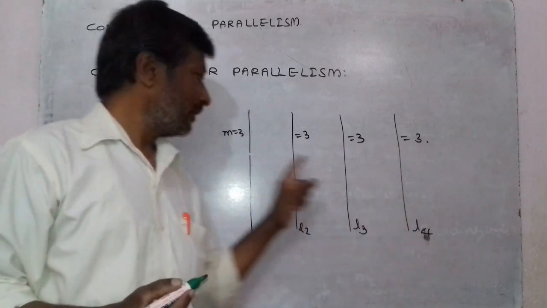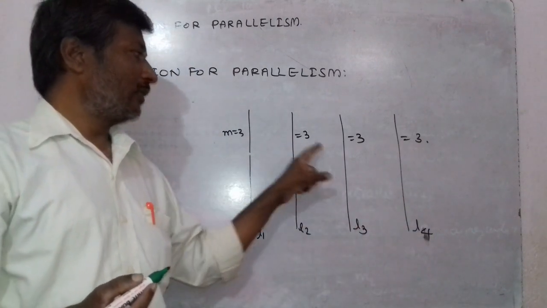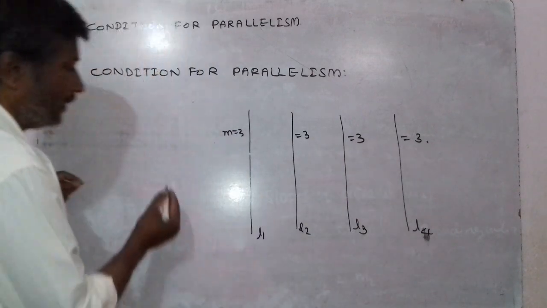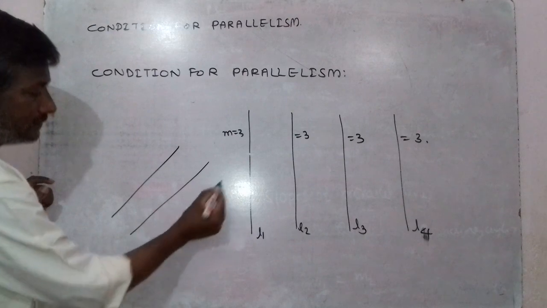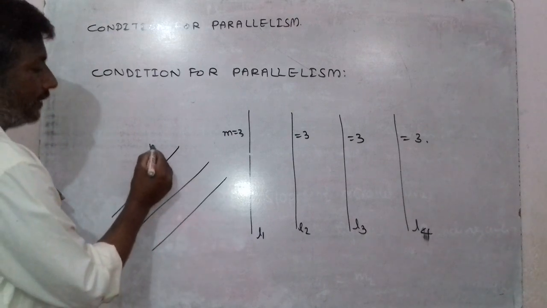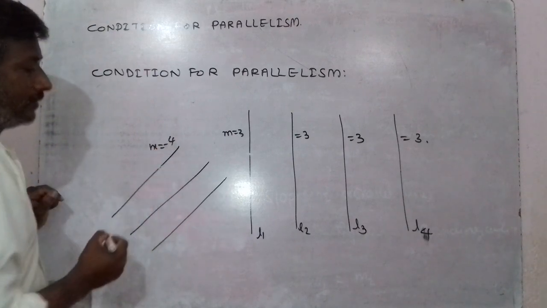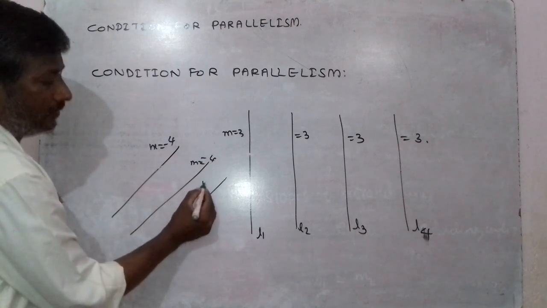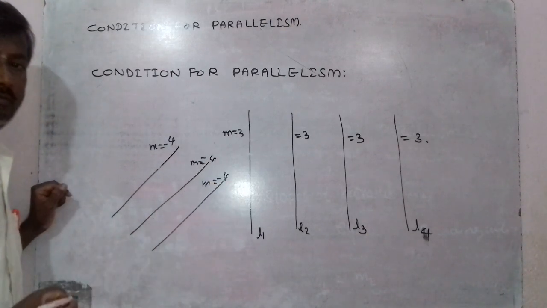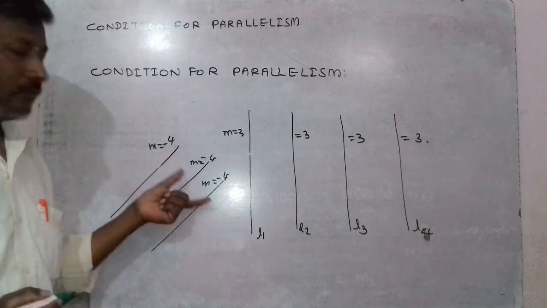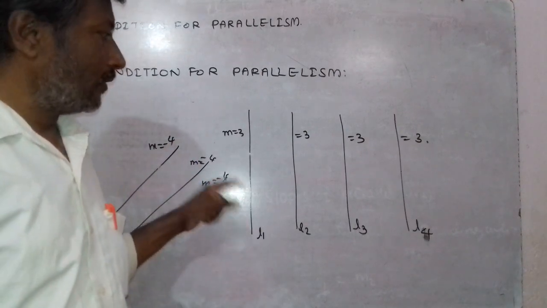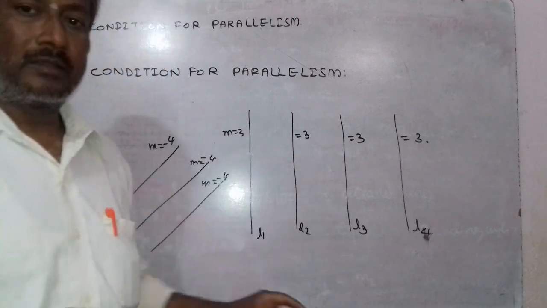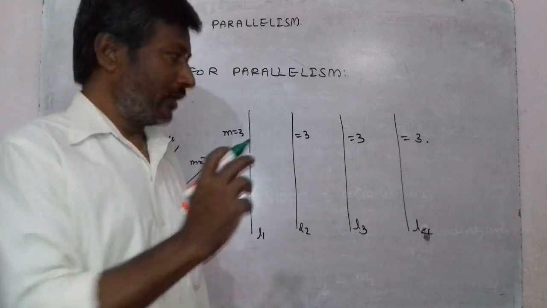Or if these are parallel lines and m equal to minus 4, then the slope of this one is m equal to minus 4. Therefore, if slopes are equal, lines are parallel. If lines are parallel, slopes are equal. Remember this one.